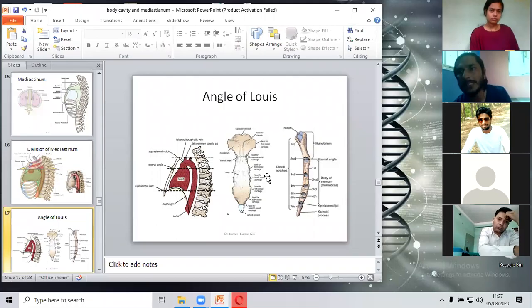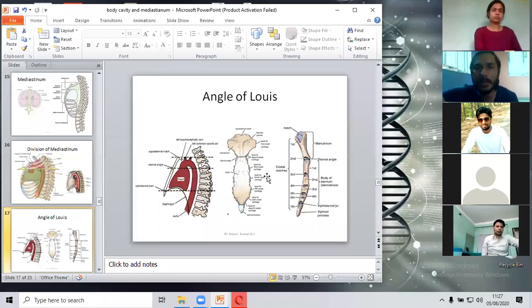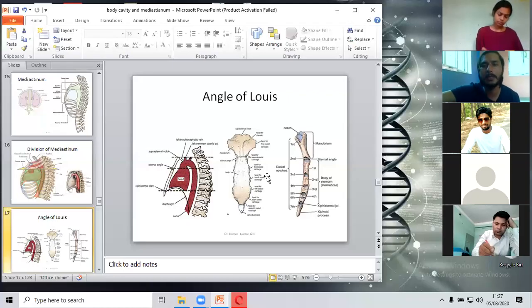Our transverse thoracic plane passes from the angle of Lewis anteriorly to the lower border of the fourth thoracic vertebra. So the first point: it is the landmark for the division of the mediastinum.